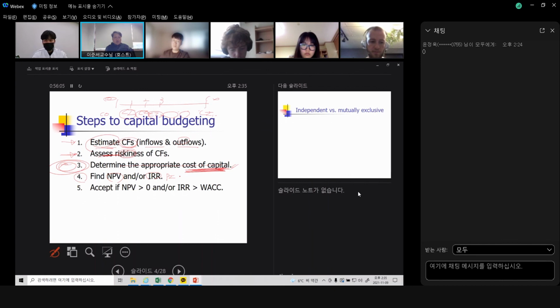That's the fourth step. Fifth step, based on the first to fourth steps, we can make the decision whether or not we accept. We accept if NPV is higher than 0 or IRR is higher than WACC, then we need to accept the project.